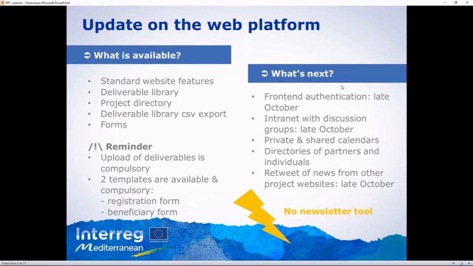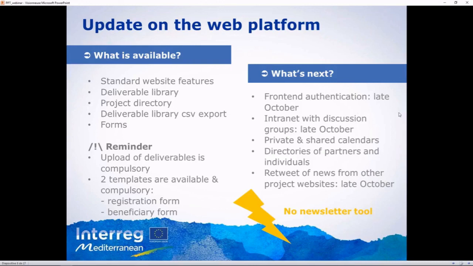With the accounts, when the feature becomes available, all partners can see the deliverables and can exchange between themselves through the exchange areas. We are finalizing the tests, and we will have them available in November.